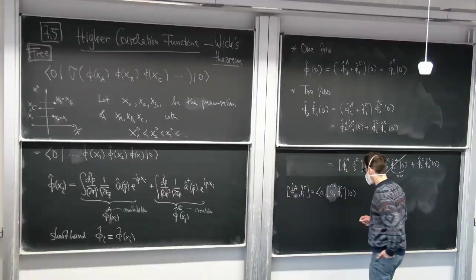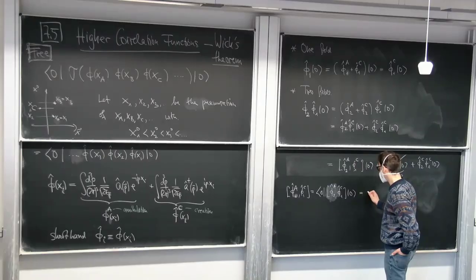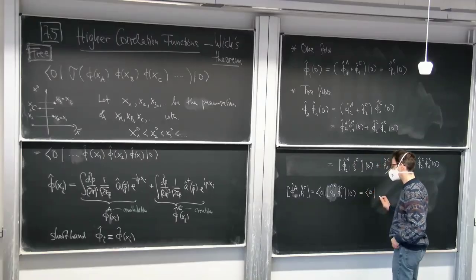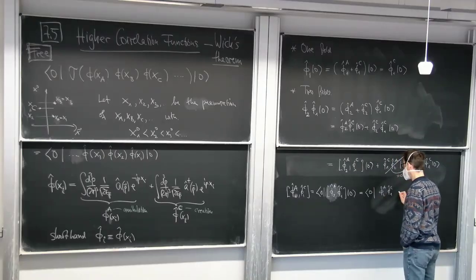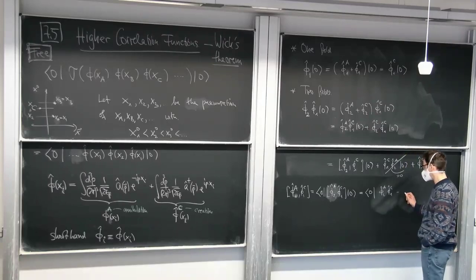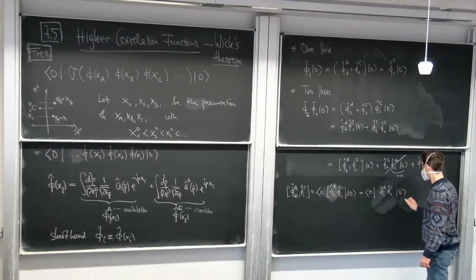But once we have that, we can see what we see. You know that this can be completed. This is phi 2 A phi 1 C minus nothing, right? The other one is nothing because it has the annihilation operator here. So it's this.